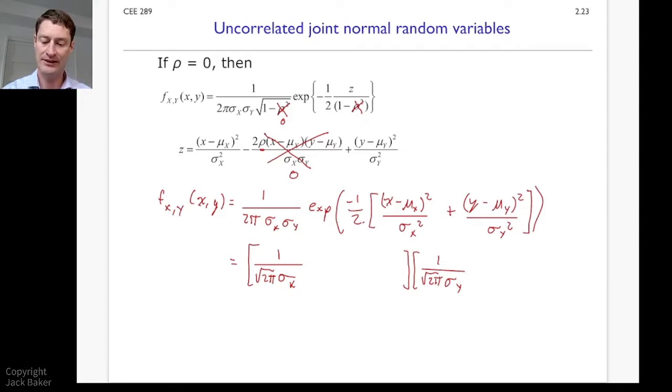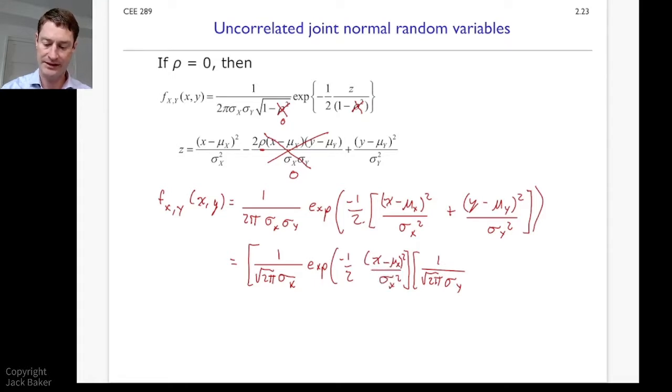So I'm going to take the x terms and the y terms and pull them apart into their own exponentials. The 1/2 will come with both of those. So up front I'm going to have an e to the minus 1/2 x minus the mean of x squared divided by sigma x squared.